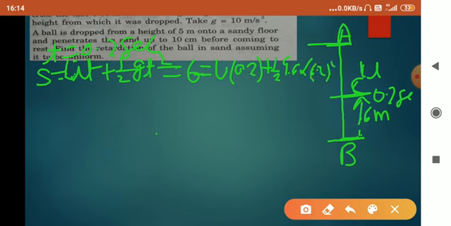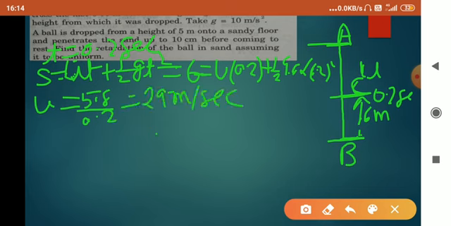On solving this equation, we have velocity at point C, u is equal to 5.8 upon 0.2. On solving this, we have 29 meters per second. Velocity of the ball is 29 meters per second.